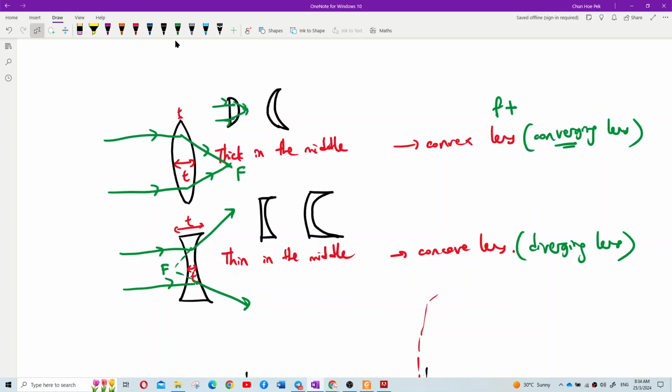Plano convex, they focus light. Convex meniscus also focuses light. So they all are converging, convex lenses. They all have positive f.